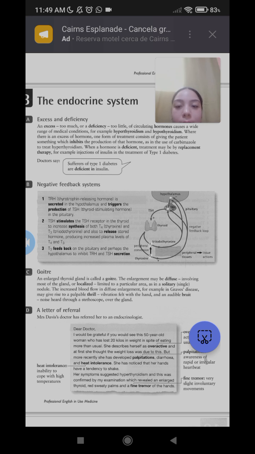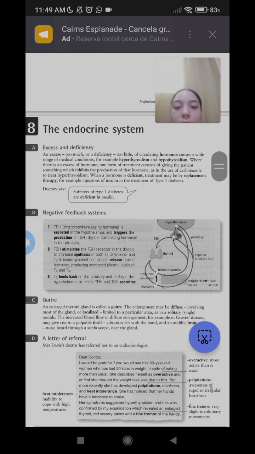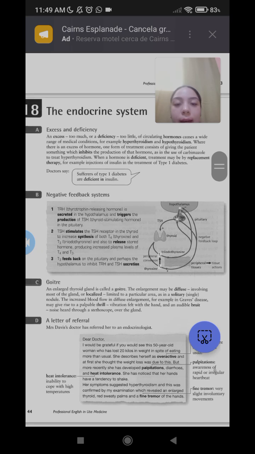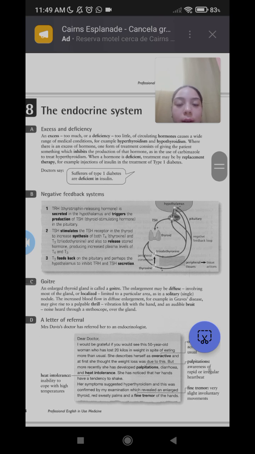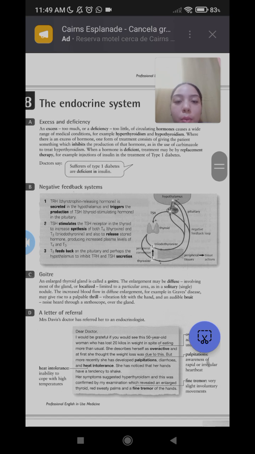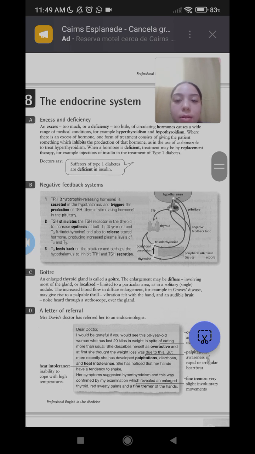The endocrine system. Excess or deficits of circulating hormones cause a wide range of medical conditions, for example, hyperthyroidism and hypothyroidism, where there is an excess of thyroid hormones.